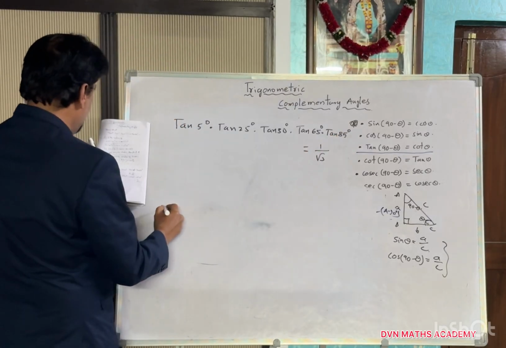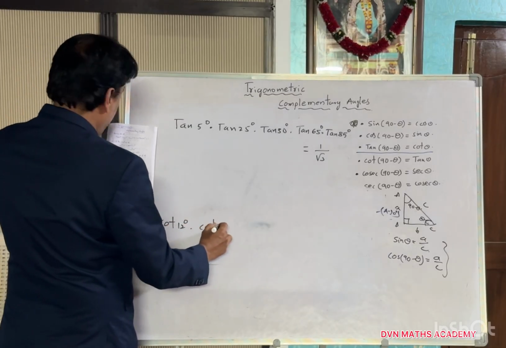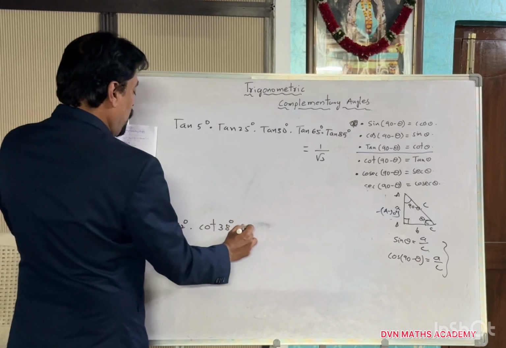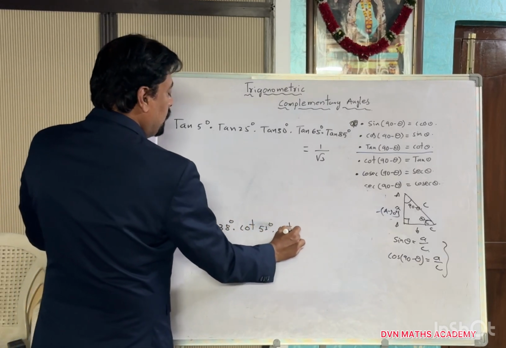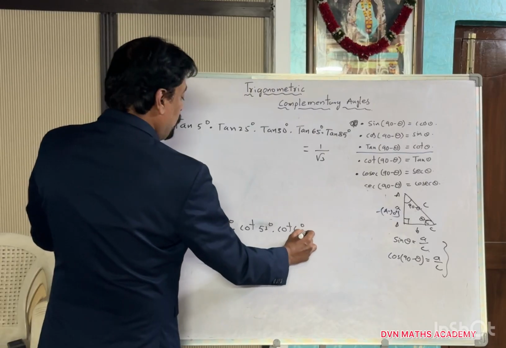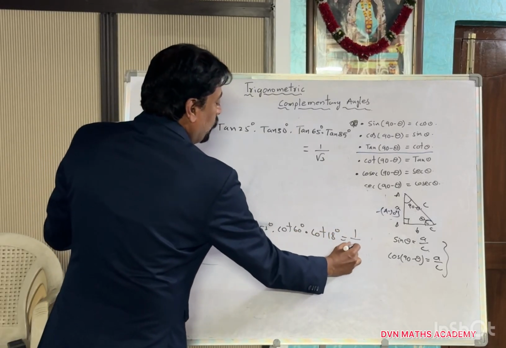My second question is cot 12 degrees into cot 38 degrees into cot 52 degrees into cot 60 degrees into cot 18 degrees is equal to 1 by root 3.